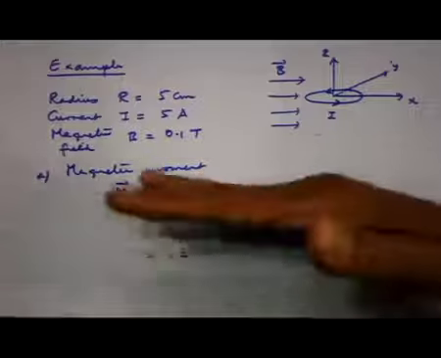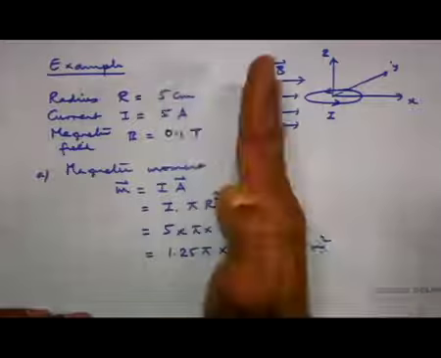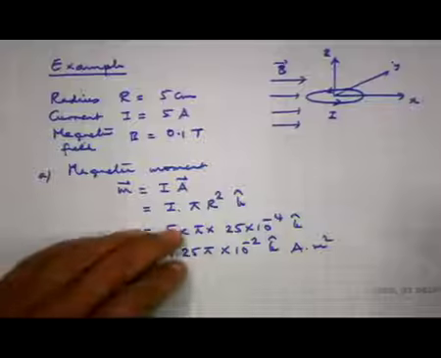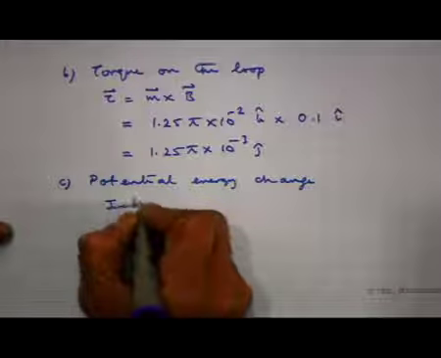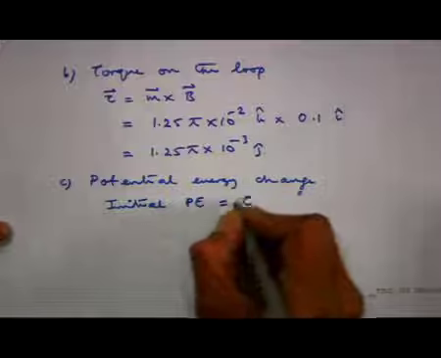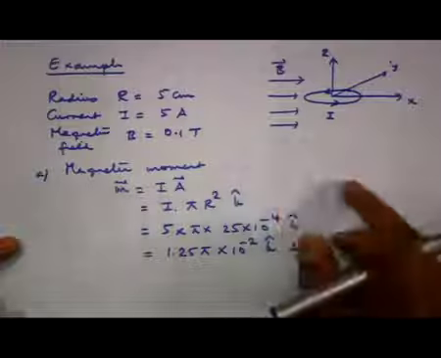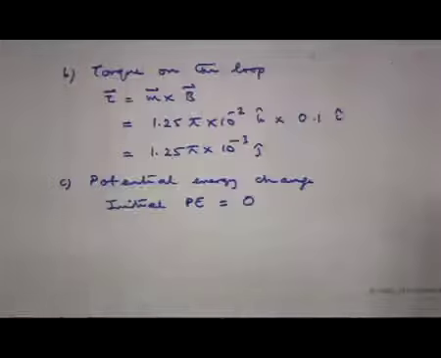So, the loop is like this now, the torque will try to align it, and the loop will get aligned perpendicular to the x axis. So, the initial potential energy is equal to 0, because in this orientation m is along the z axis, b is along the x axis, and m dot b is 0.